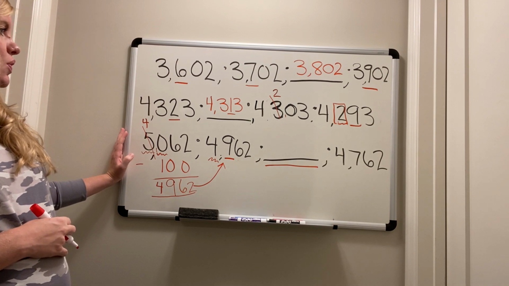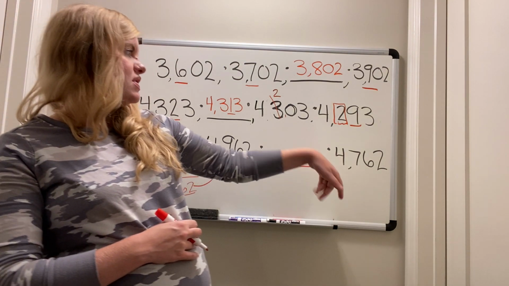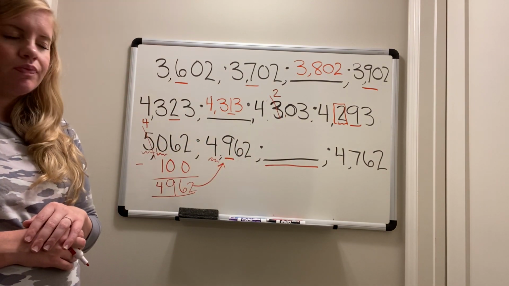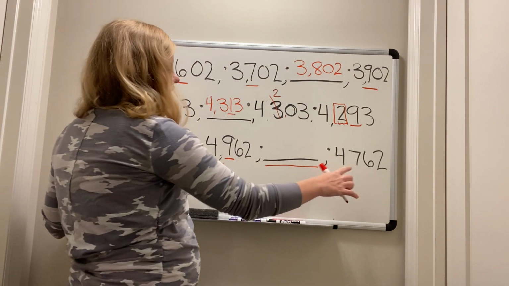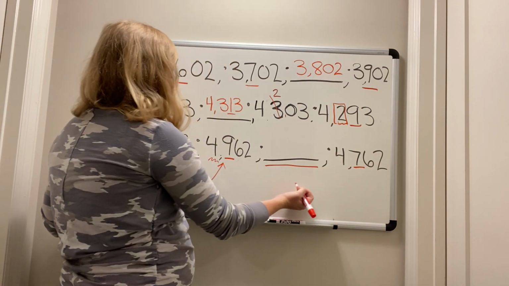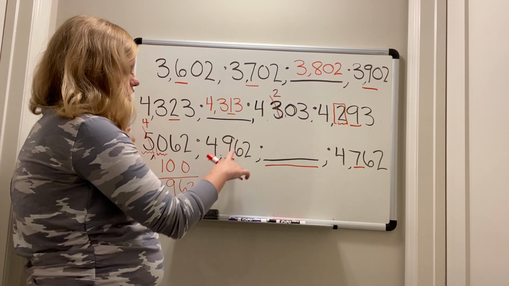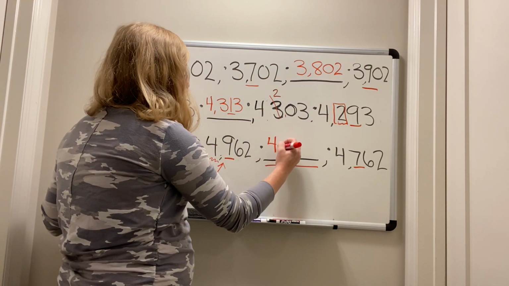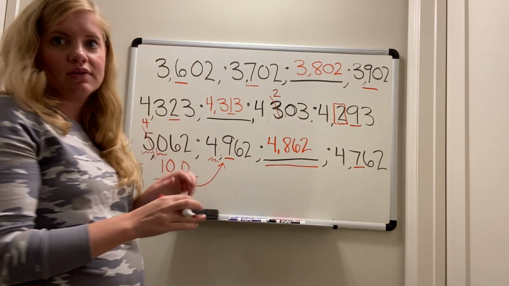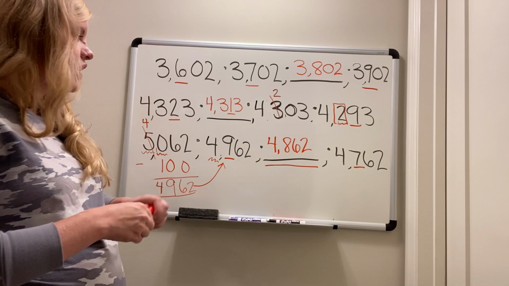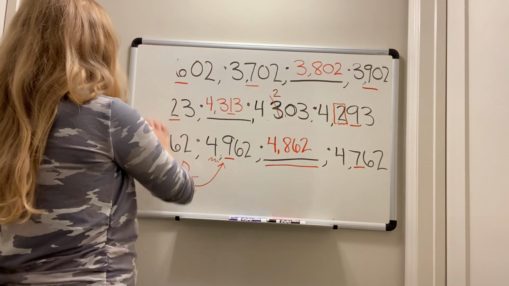Okay, so what is in between 4,962 and 4,762? 9 blank 7. We're going down by 100. So the only thing we need to change is this. That's right, 4,862. Very good.